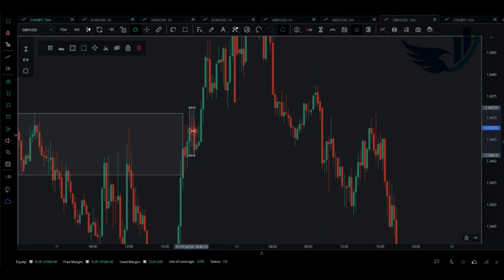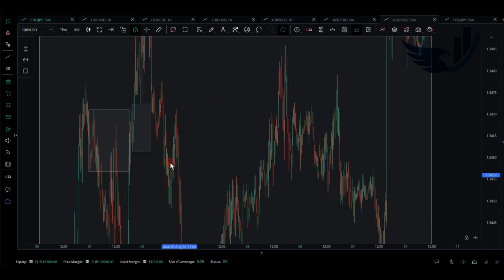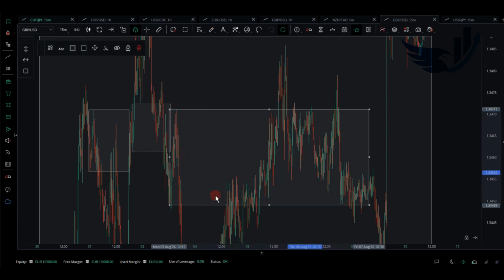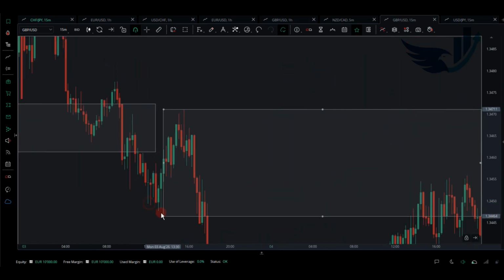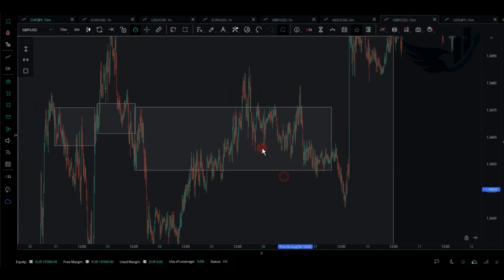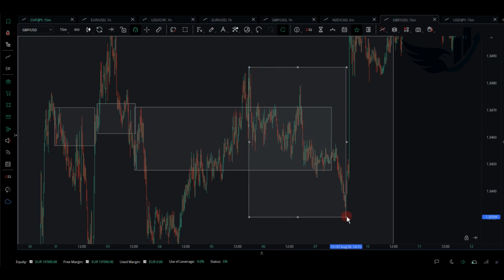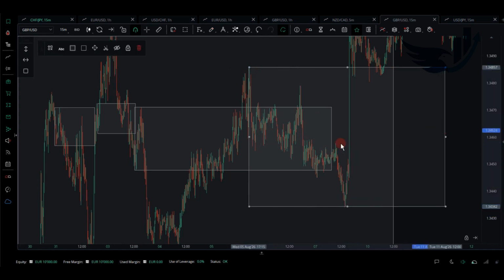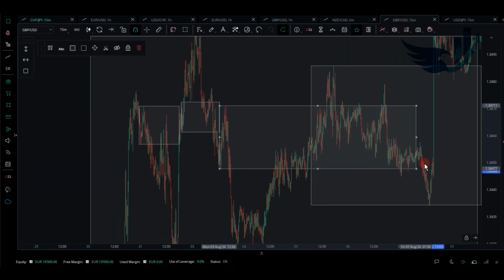So you can take just the swaps. And if you take the swaps, again, it gives you this box. So we have our box.